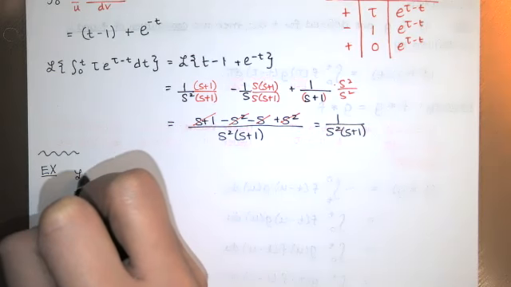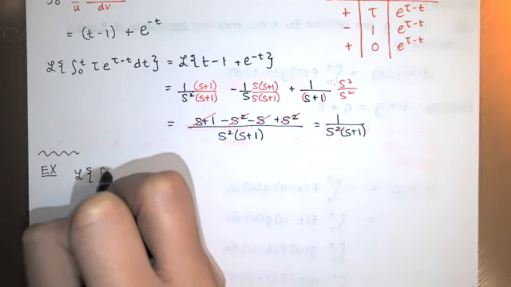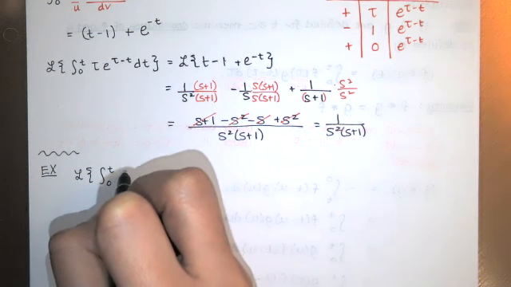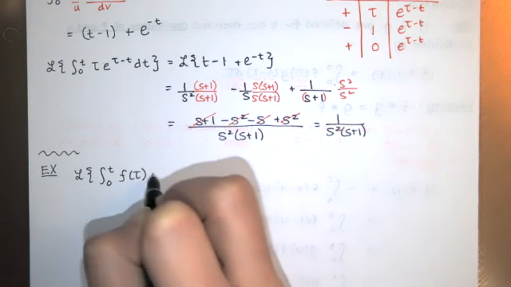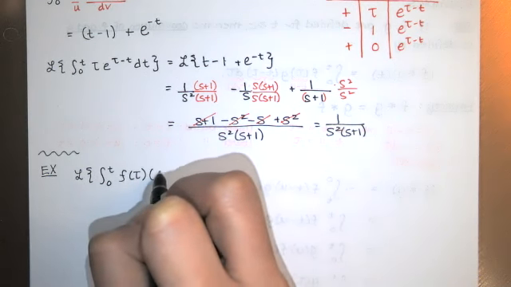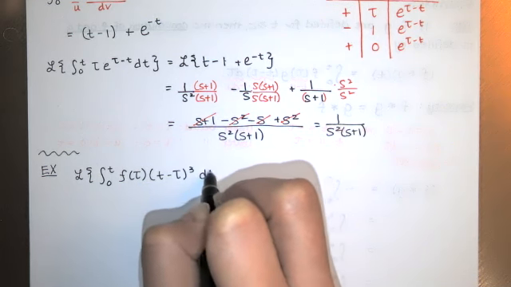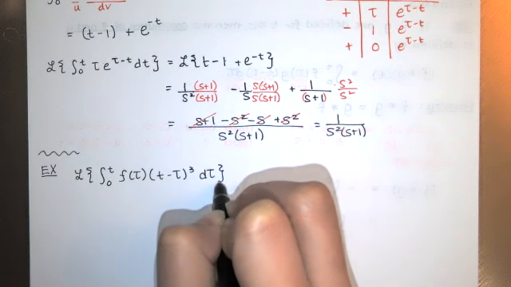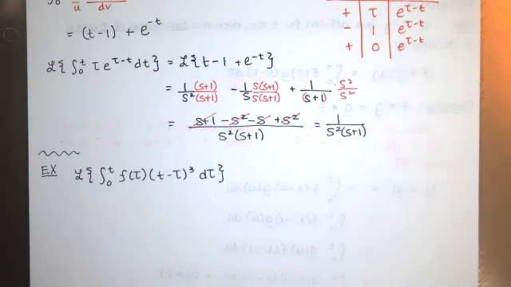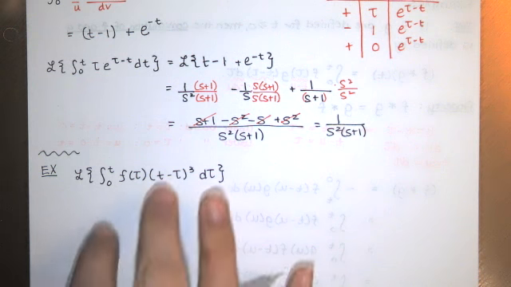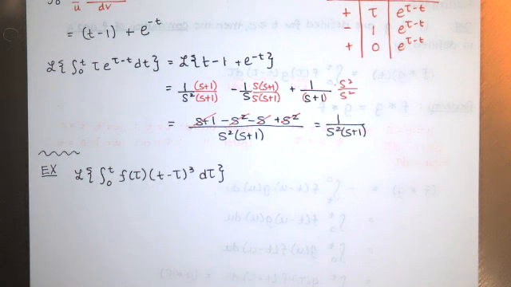So you see the integral from 0 to t of f of tau times t minus tau cubed d tau. Maybe f of t is the function that you're looking for that satisfies that integral equation. And this is just one term in your integral equation.